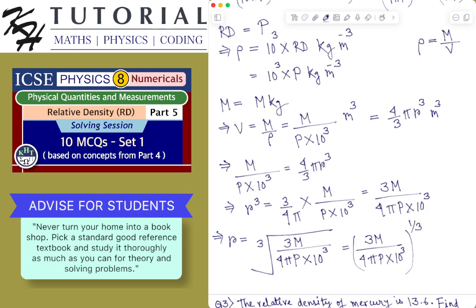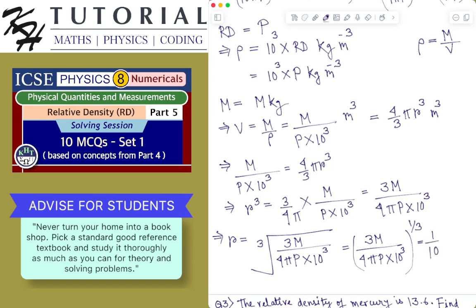Now in the denominator we have 10 to the power 3. I hope you're familiar with the chapter of mathematics, exponents and powers and the laws of exponents. I hope you will understand if I simplify this as 1 by 10.